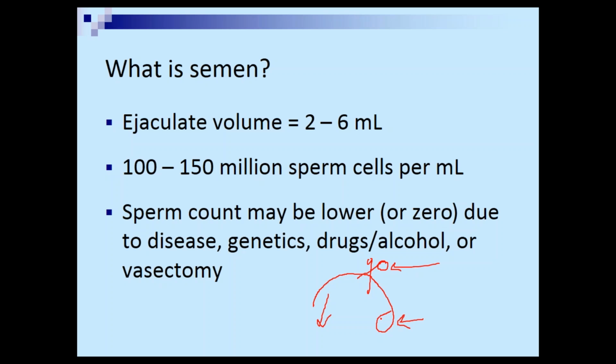Sperm cells are produced in the testicle, and then they come out the business end during sexual intercourse, I guess I should use the biological term. If that tube is snipped with scissors during an operation, then that's a vasectomy, and you're not going to have any sperm cells in the semen.